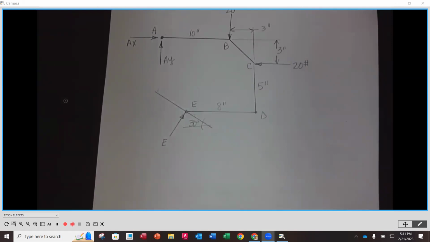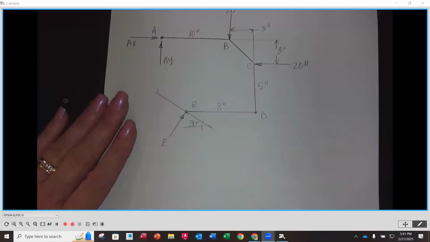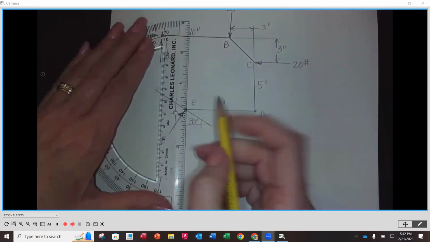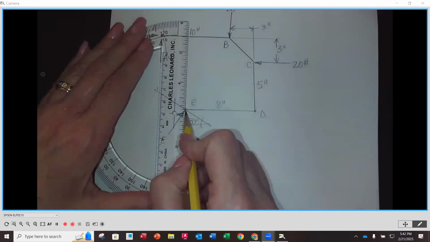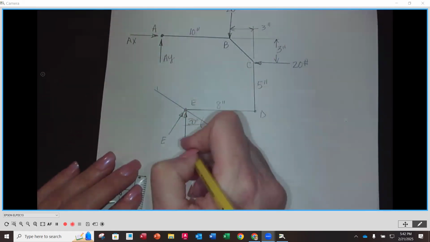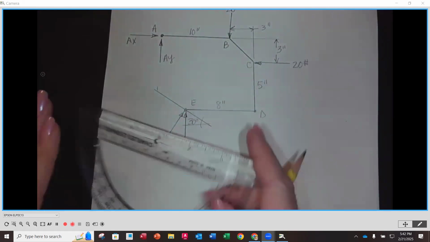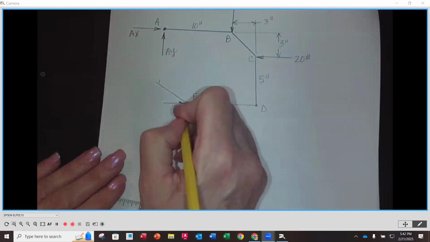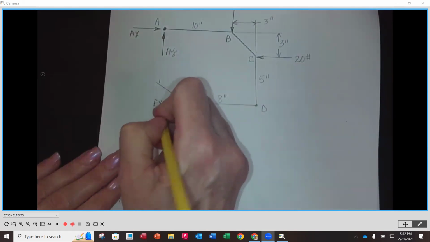Now, as you can imagine, because force E is at an angle, we're going to have to break it into its components in order to find its value. So we are going to have a Y component here. So this is going to be EY. And we are going to have an X component. This is going to be EX.